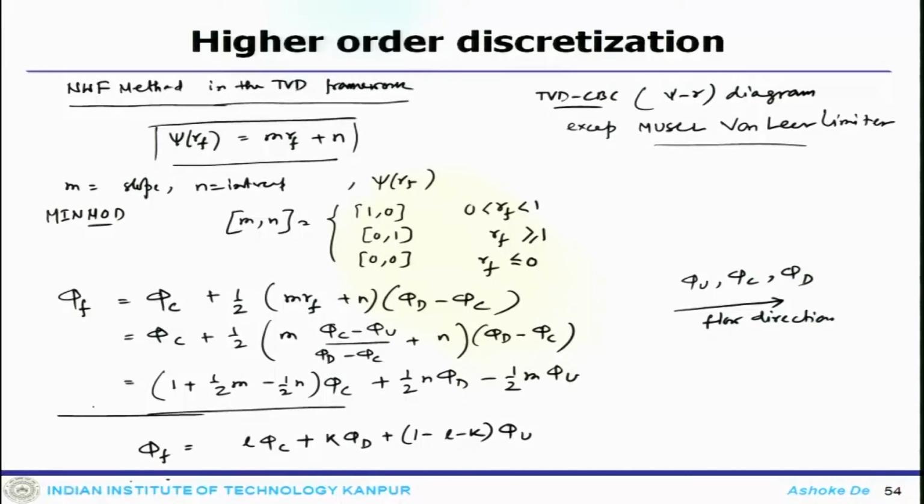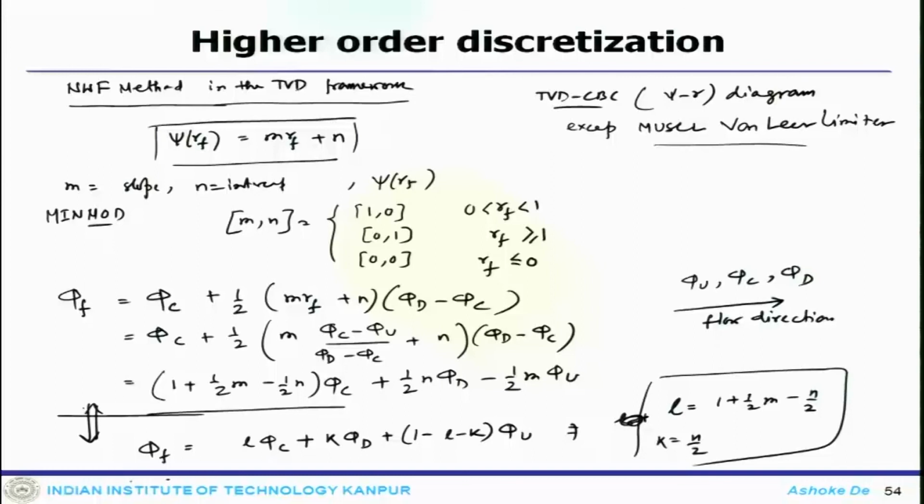If you compare these two, L equals 1 plus half M minus N by 2 and k equals N by 2. This is what it gives you back. So, once you look at the similarity.